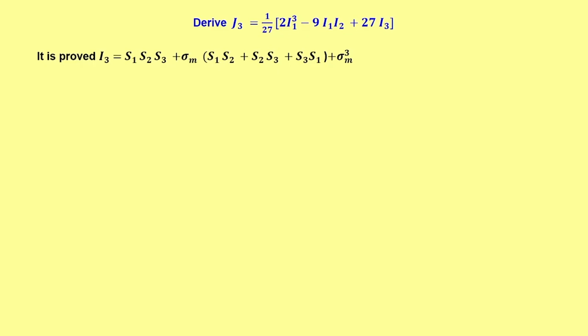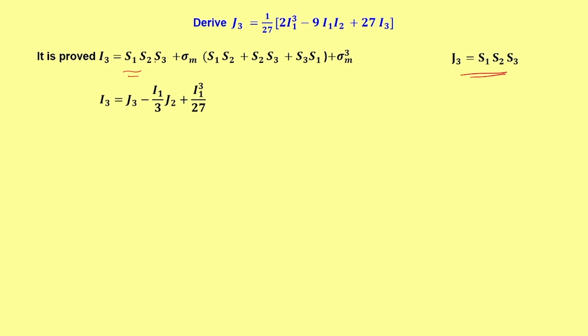Let us see where to start from. This we have already proved. I3 is equal to S1 S2 S3 plus sigma m into S1 S2 plus S2 S3 plus S3 S1 plus sigma m cube. We know that J3 is equal to S1 S2 S3. So, that is what has to be brought into the picture. So, we can substitute this.